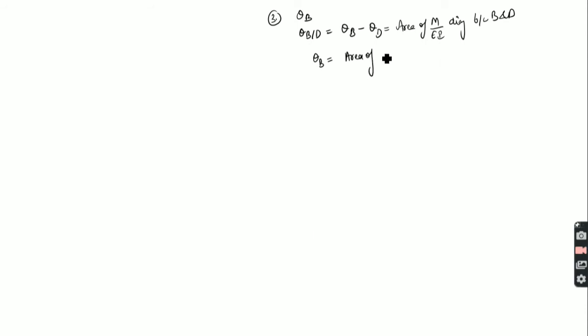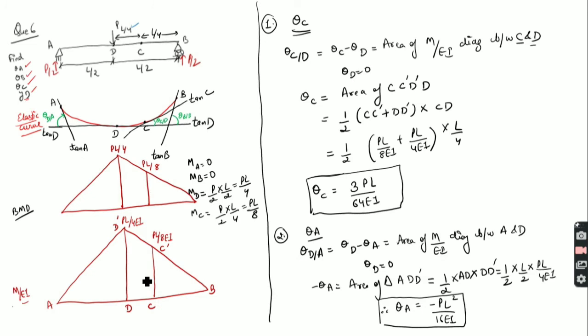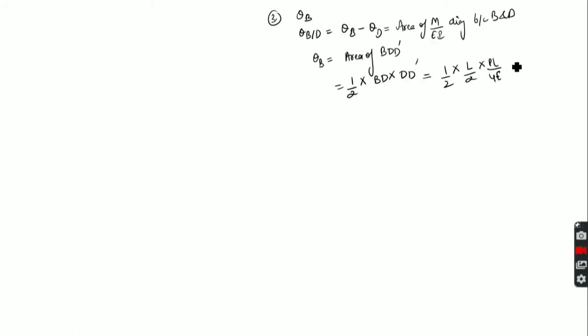So the area of BDD dash will be half into BD into DD dash. So half into BD is L by 2 and this is PL by 4 EI. So L by 2 into PL by 4 EI. So theta B will be the same value as theta A, which is PL square by 16 EI. Just the sign will be positive here.